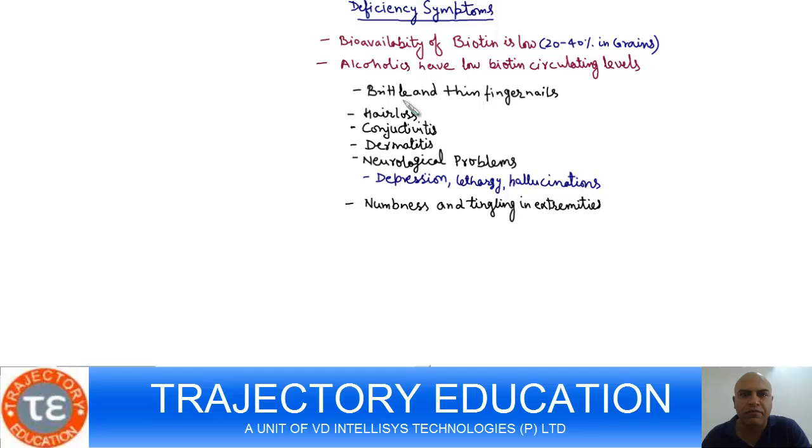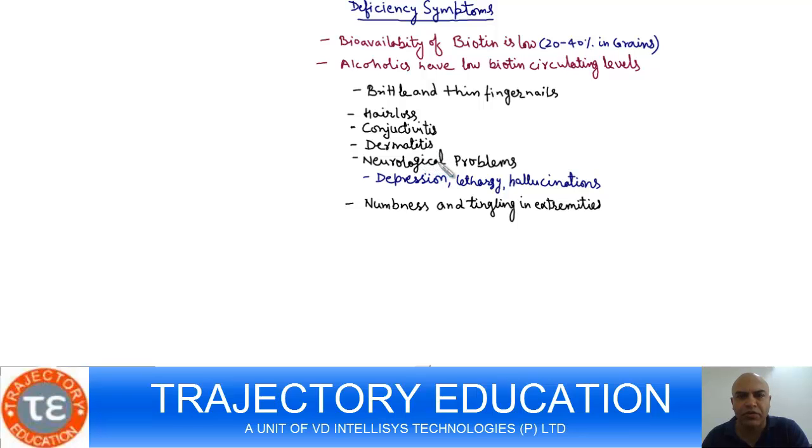The deficiency of biotin can lead to brittle and thin fingernails, as we talked about earlier. It's also called vitamin H, from the German Haar and Haut, which mean hair and skin. Another symptom is hair loss, or conjunctivitis, dermatitis.